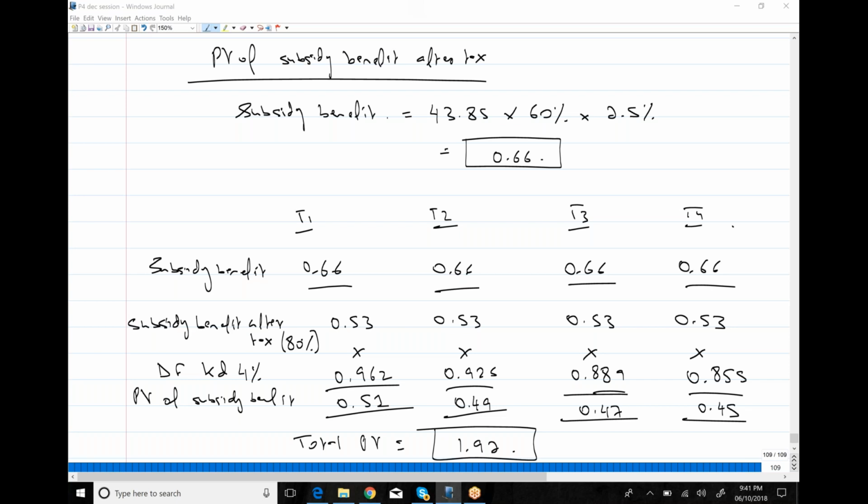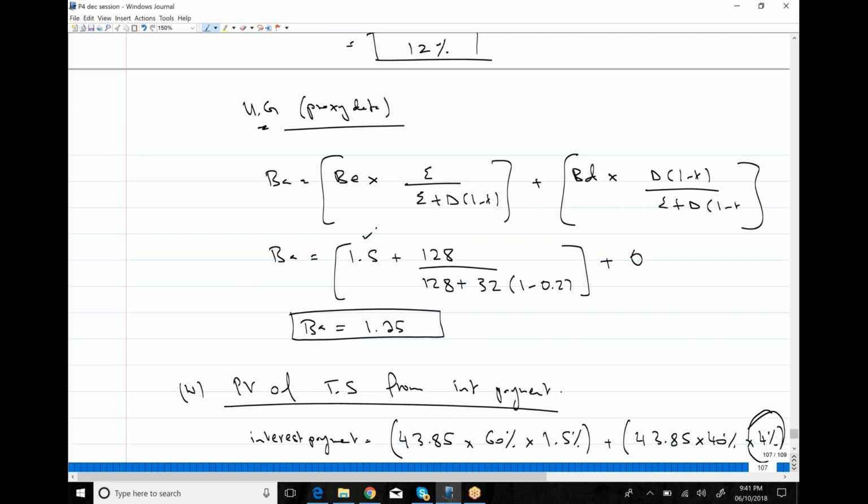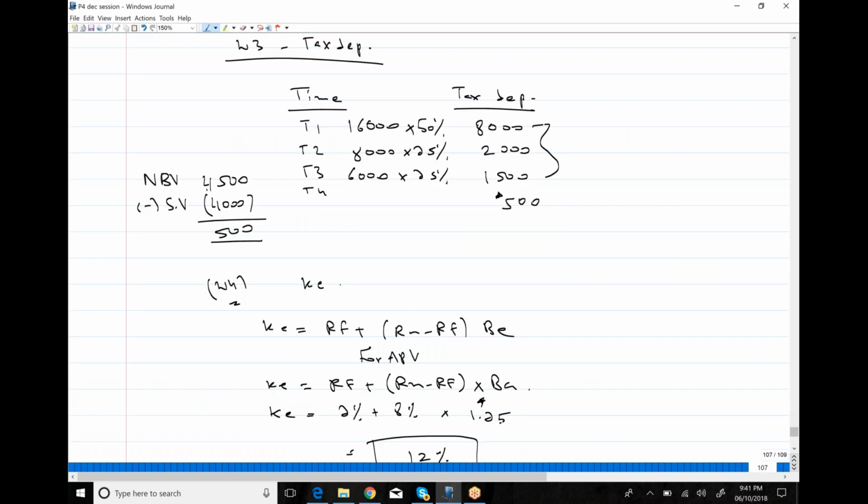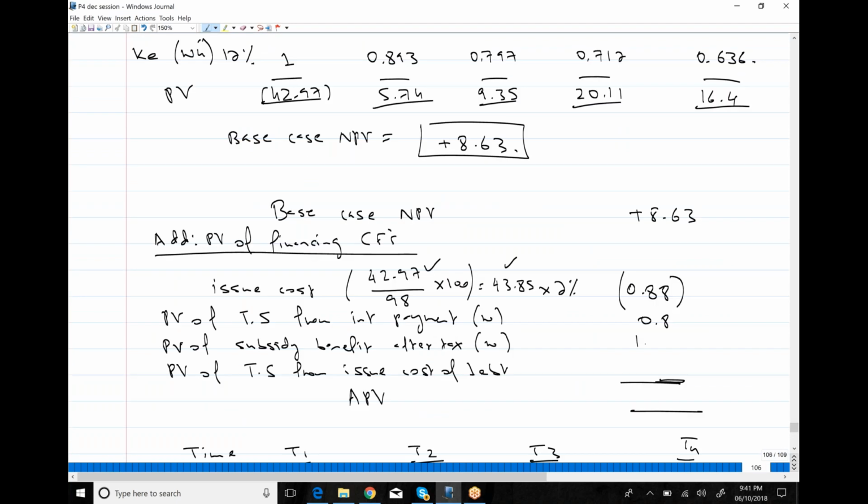Done. Okay, so 1.92. So again, this will be an inflow, right?